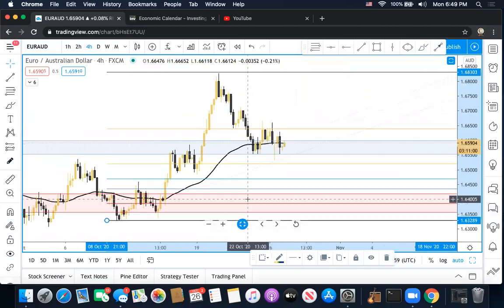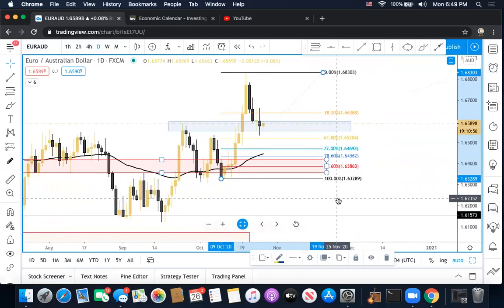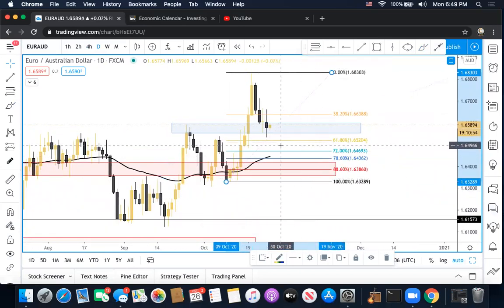But yeah, overall, for my bias, I would love to see eventually the market find support, even if we can't break below 1.65. Ideally, I would like to see that hold 1.65, and then I'll probably give it like a 30 pip cushion.